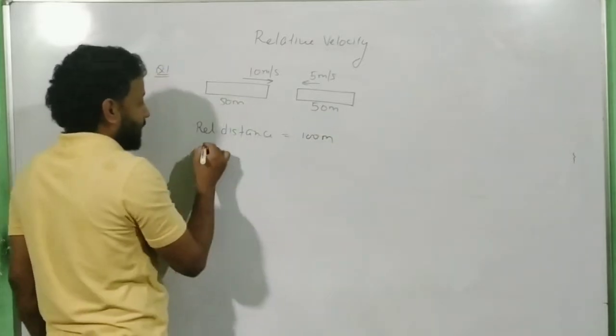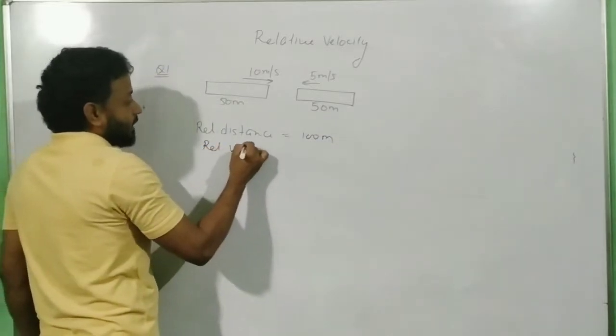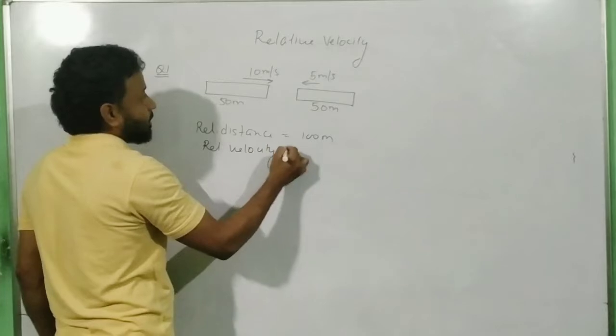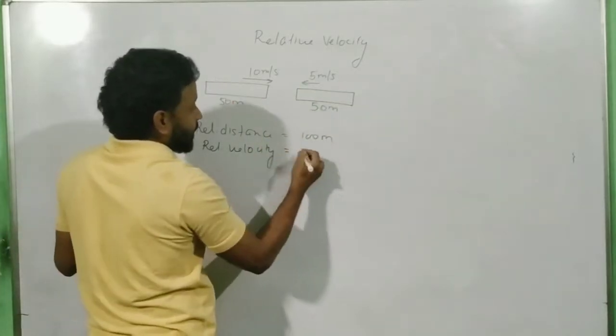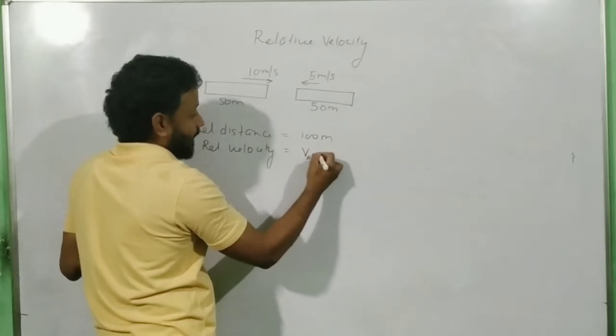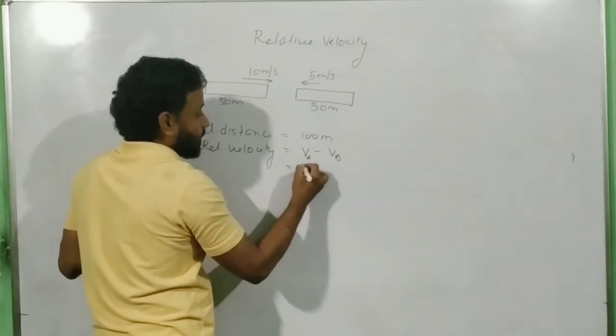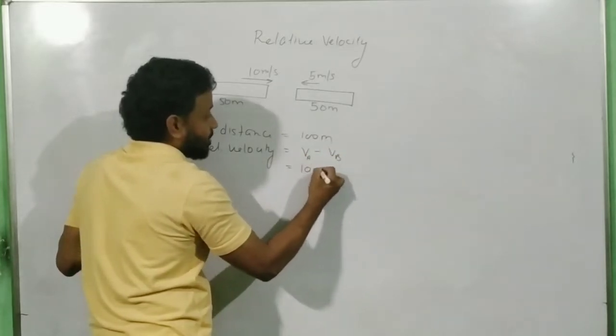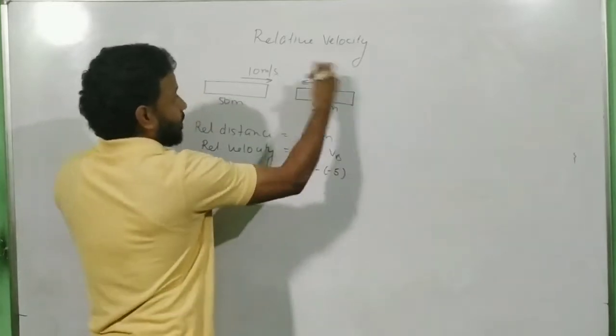50 plus 50. And what is the relative velocity? Relative velocity in this case will be, since both are in the opposite direction, velocity of A minus velocity of B, that is equal to 10 minus of minus 5, because B is in this direction.